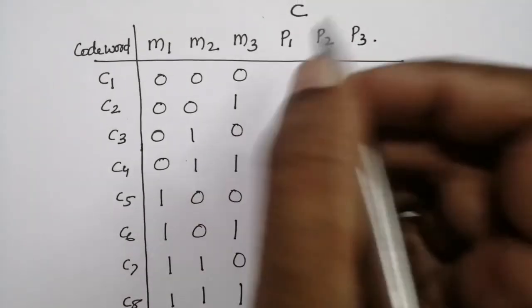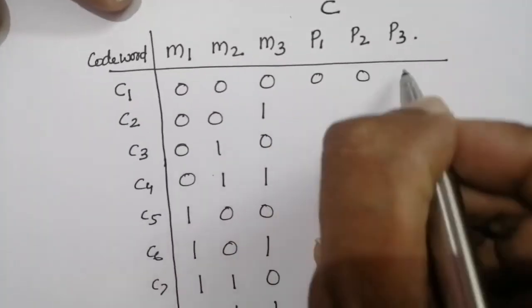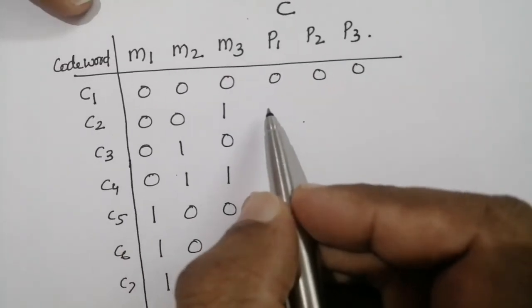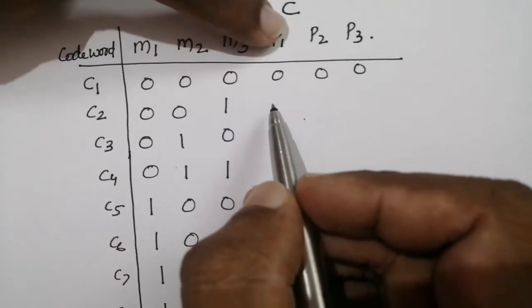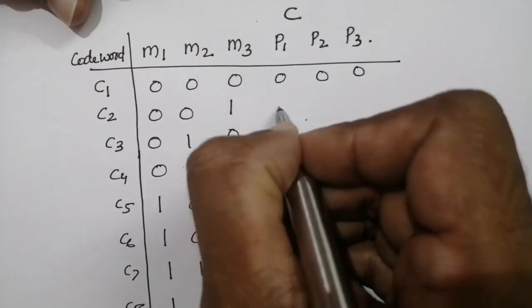Now, how will you find P1? We know that P1 equals M2 plus M3. So anyway, the first is an all 0 code word, so this will become 0, 0, 0. Now for the next one, P1 is M2 plus M3, that is 0 plus 1, which is 1.